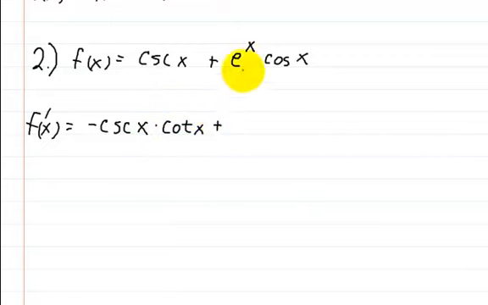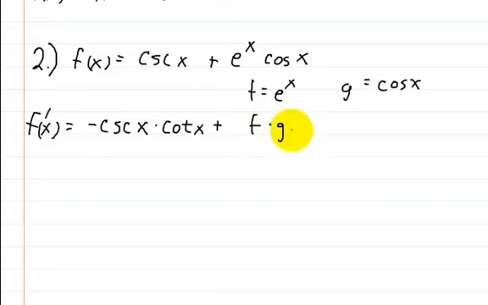Now I just need to move on to this part, and here my f is going to be eˣ, and I'm going to call my g cos(x). When you're doing these, you just do f' times g plus f times g', the derivative of the first one, derivative of the last one.